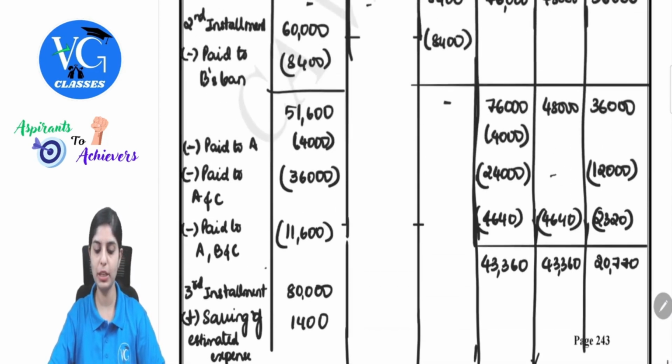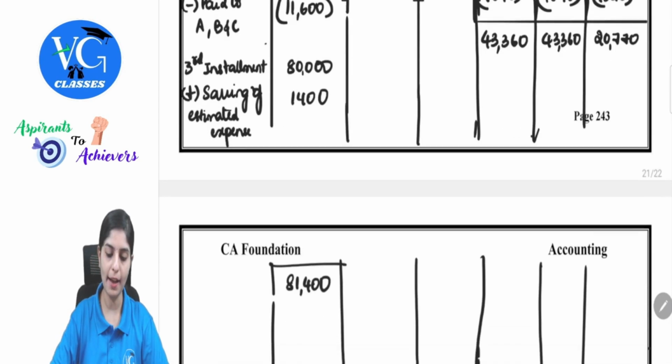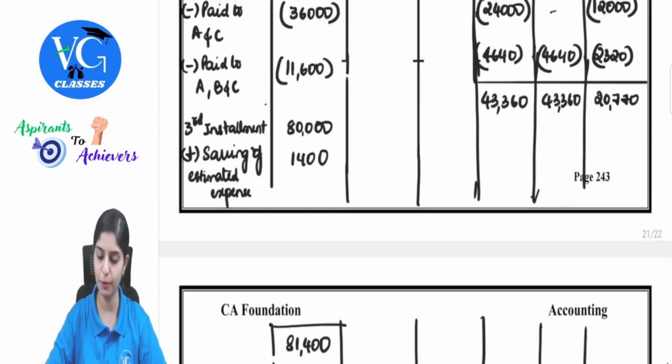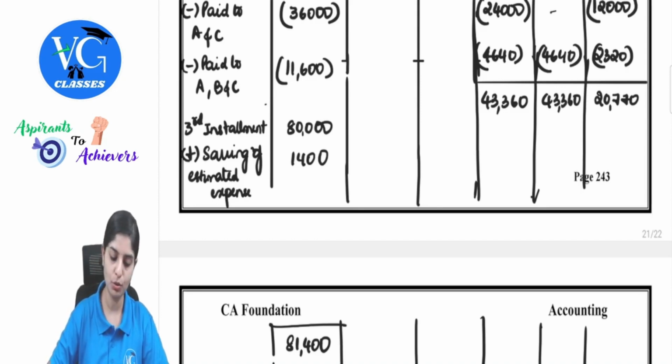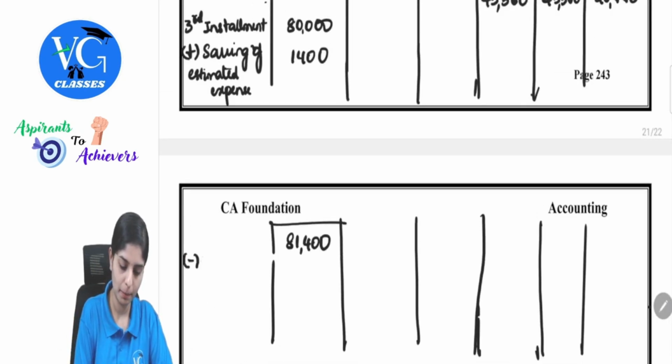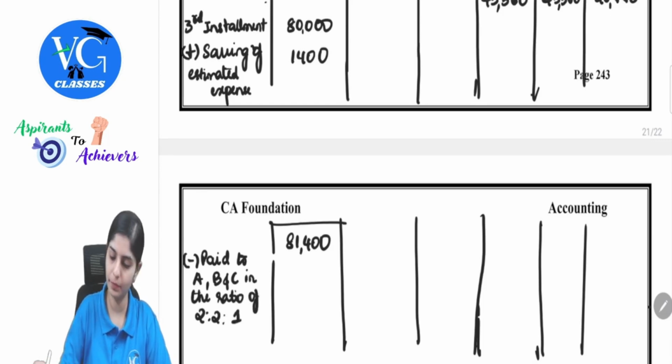Now after apportioning in the order, we now have this 43,360 in their capital proportion. If you observe, you can just summarize this. So this is nothing but coming to the same ratio, that is 2 is to 2 is to 1. So therefore, we will distribute, paid to A, B and C in the ratio of 2 is to 2 is to 1.